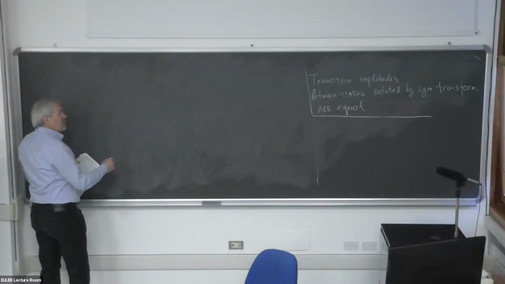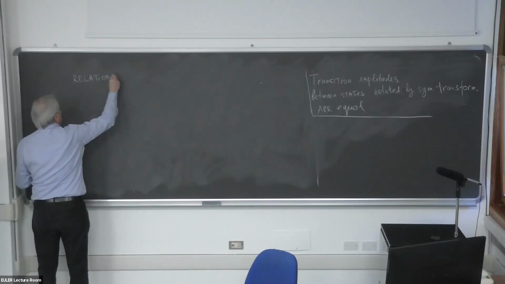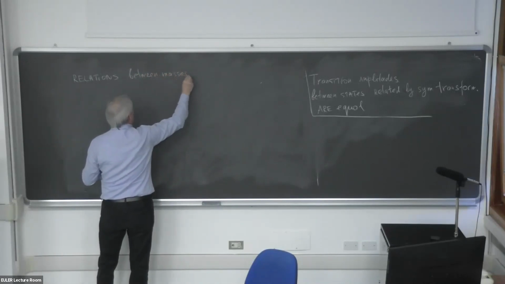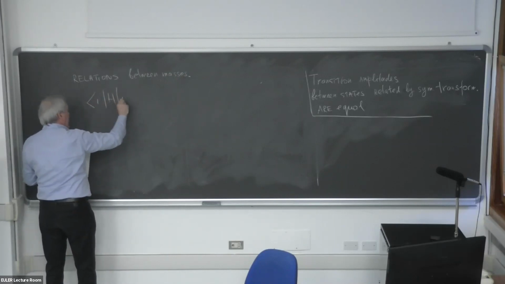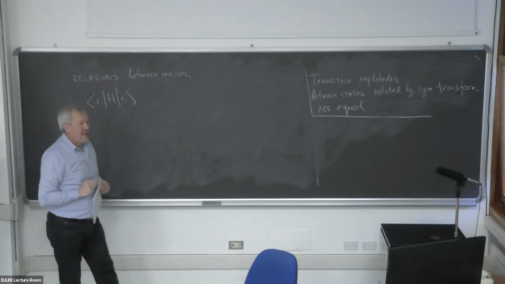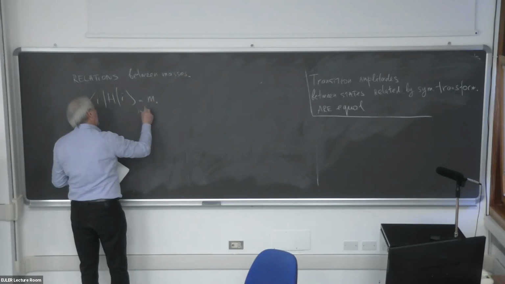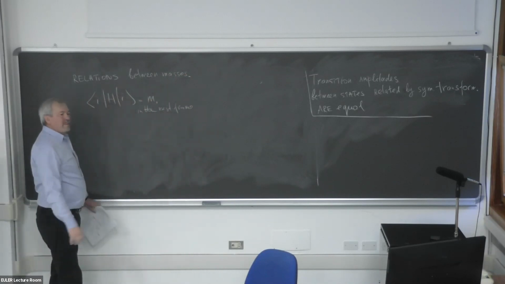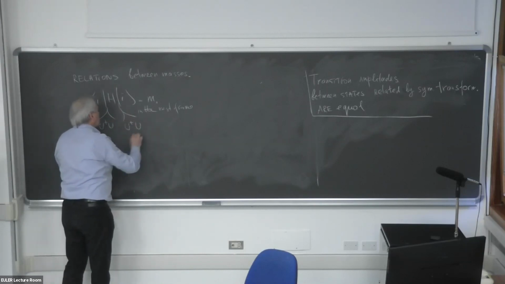Another consequence is relations between matrix elements, or relations between masses. So let us consider the matrix element between a given state, the Hamiltonian, and again a given state. So initial and final states are the same here. In the rest frame, this is nothing but the mass of the particle. We can repeat the procedure which we just made and insert here the unit, which is U dagger U, and here again U dagger U, right?